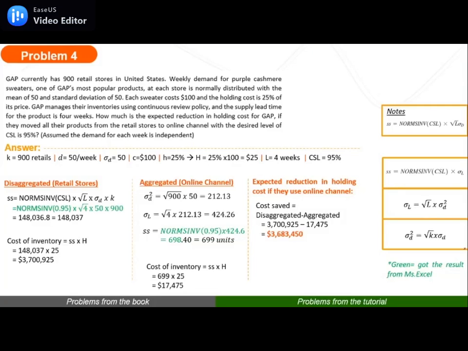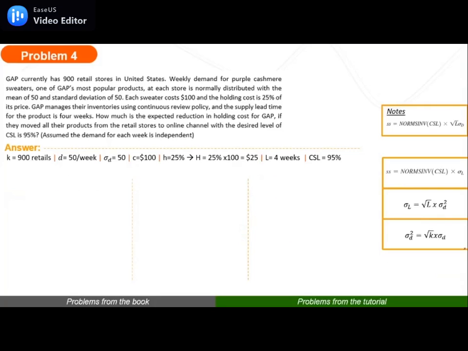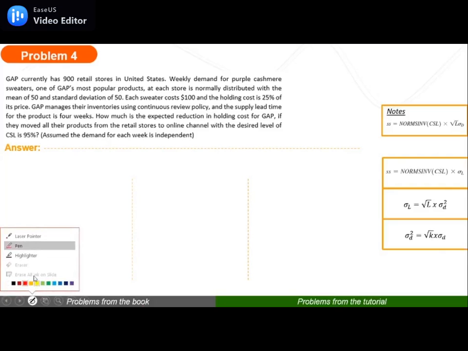Okay, next is problem 4, or this is the problem from the tutorial. So, GAP is a company name. Currently, it has 900 retail stores in the US. It has a weekly demand for the purple cashmere sweater with the mean of 50 and standard deviation of 50 per week.